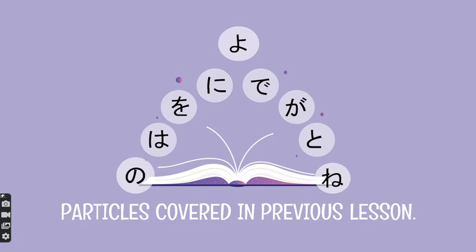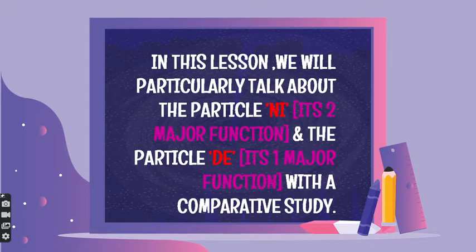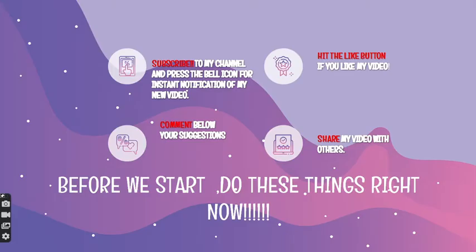However, today's focus is going to be the particle ni, its two major functions which you must know as a beginner, and the particle de. So we are going to comparatively study which particle does which function in a sentence, okay?